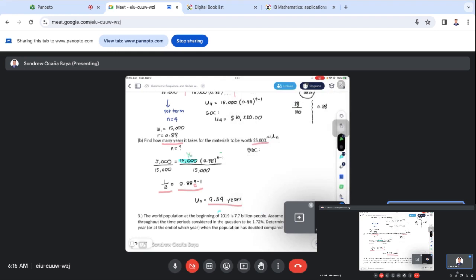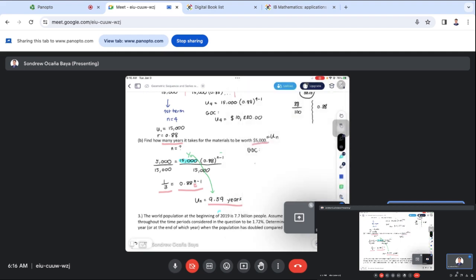So year 0 is included in 9.59 years. That means we have to remove 1 year here because we have to remove the year 0.